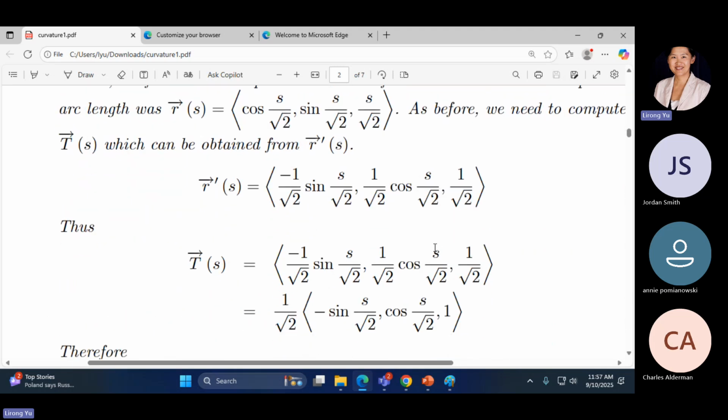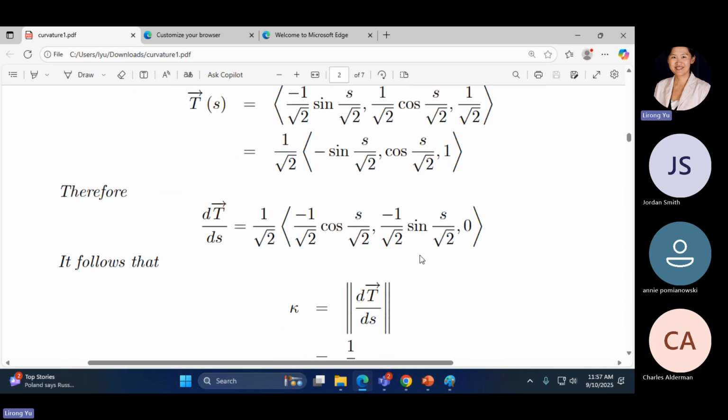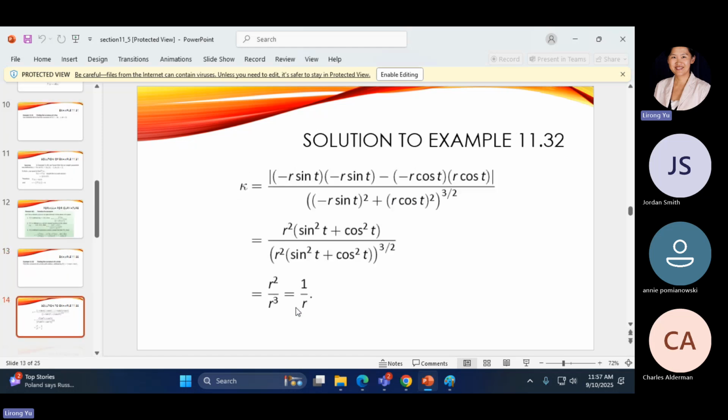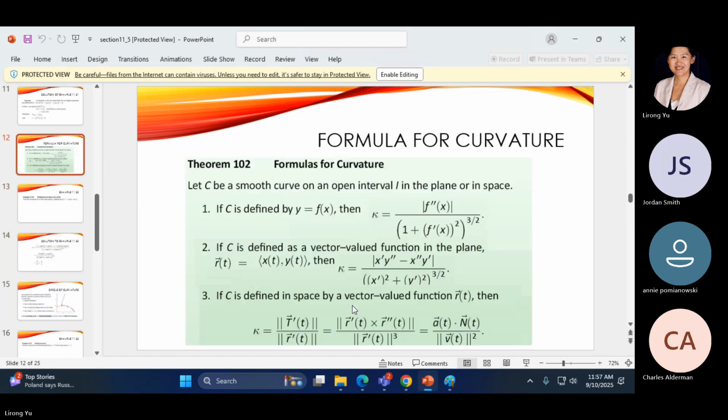We'll talk about that later. Now, there are a couple of examples on all these calculations, and here we are. This is the one that is part of our formula sets. In here, it goes K equal to the magnitude of T prime divided by the magnitude of R prime. That first formula leads to the third formula.